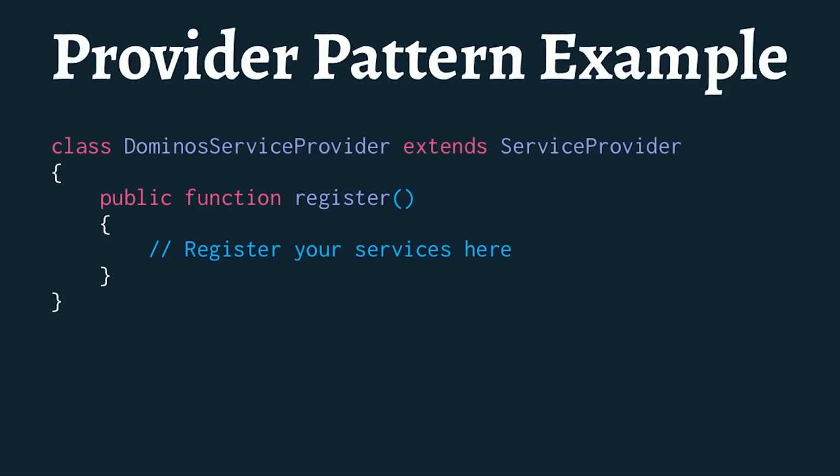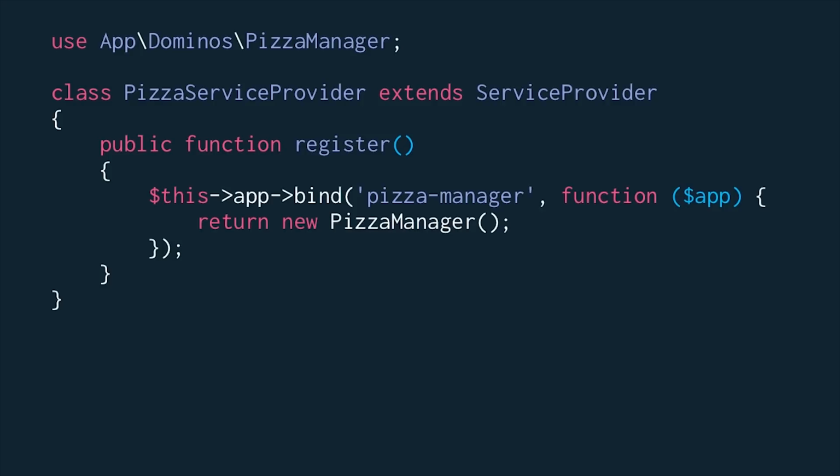I'm just going to do a simple example. So in this case, we bind the full path into the container. So we're going to make that pizza manager available in the container under the string pizza manager. So if we ask Laravel to create a class by the name pizza manager, it will return that pizza manager class for us, and then we can call the builder methods on it to build pizzas.